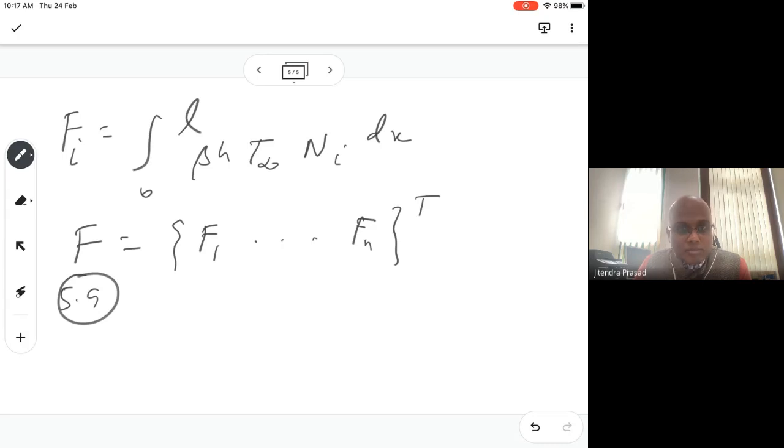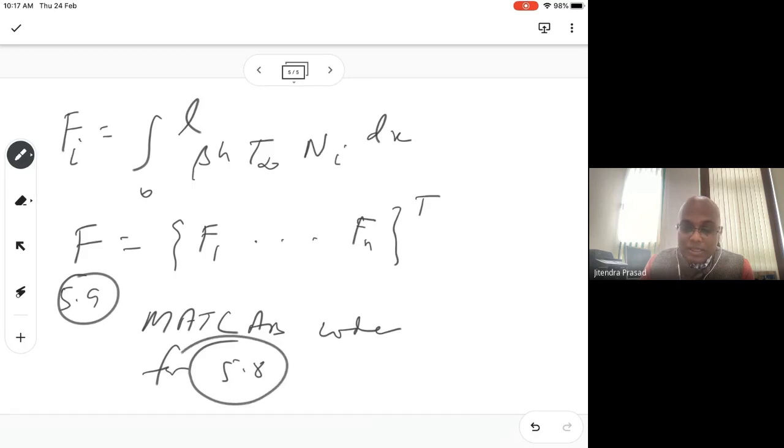So this is talking about, for 5.8, how to solve 5.8. 5.9 is nothing but MATLAB code applied to 5.8. So I will have it for some problem, not necessarily for this one, but you can also program it yourself.